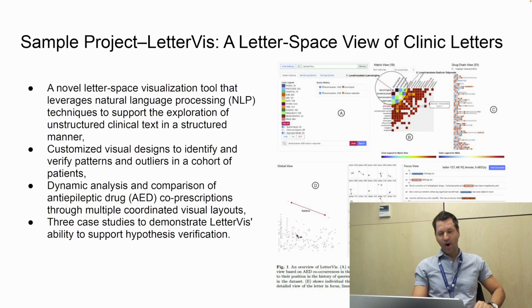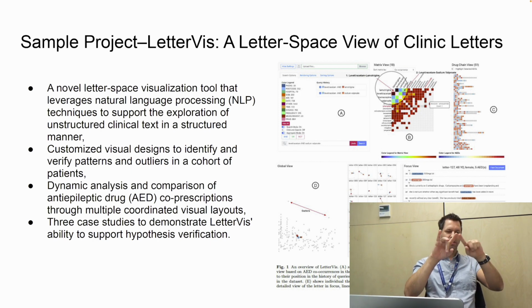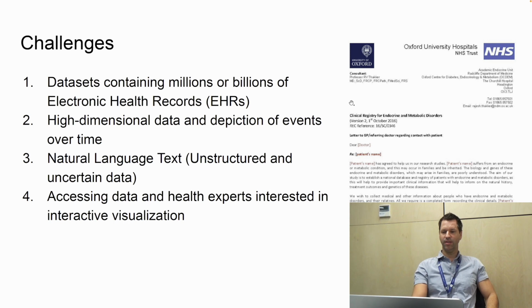So one of the hypotheses is that if we create something we call a letter space, so that's this space right here, an average letter space, and then we superimpose all the letters on top of each other into one single unified letter space, that will help us extract patterns.